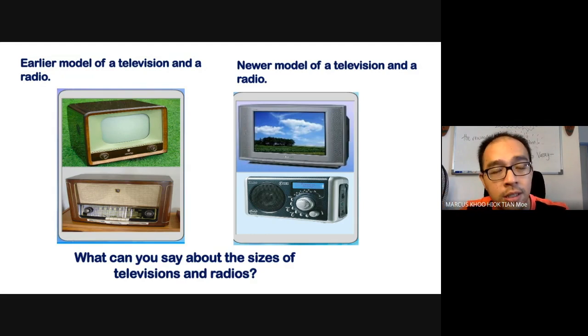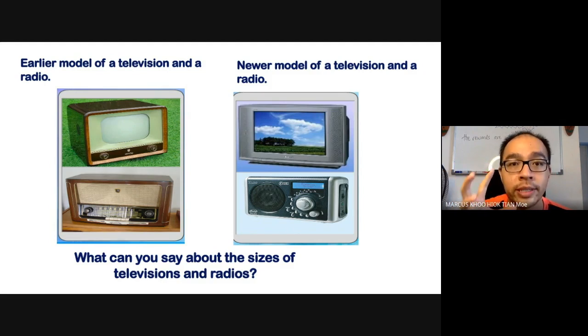And now, of course, who listens to radio nowadays, right? Fine, but our TV is getting even smaller and smaller. So electronics has progressed to such a stage where we are able to make things that are smaller but can hold a lot more stuff.